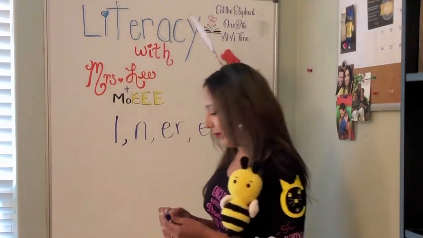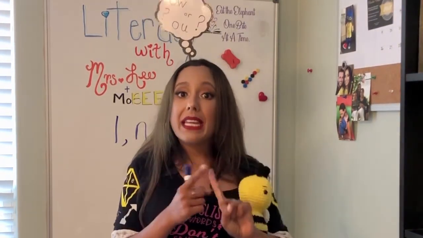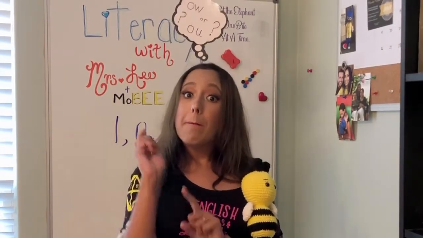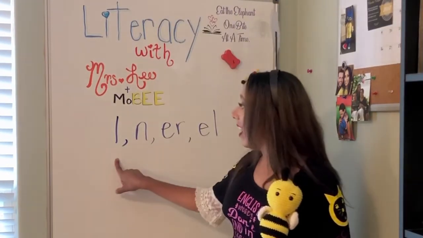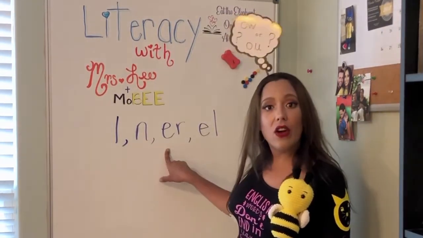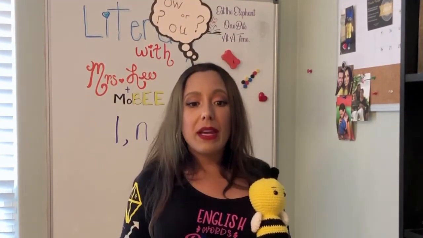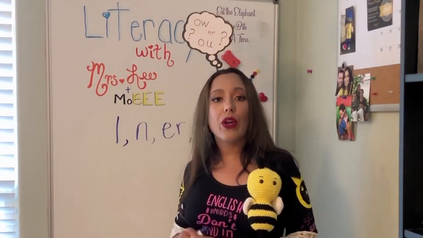Let me repeat it. If you hear an ow sound in the beginning or in the middle of the word, but the word ends in an L, N, ER, or EL, that ow sound is spelled OW. So let me give you some examples. Let's spell the word owl.